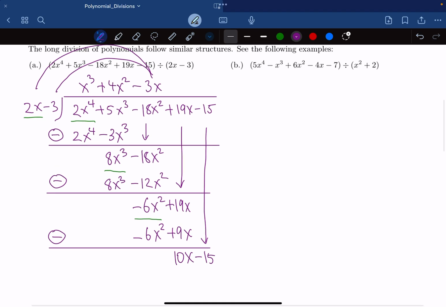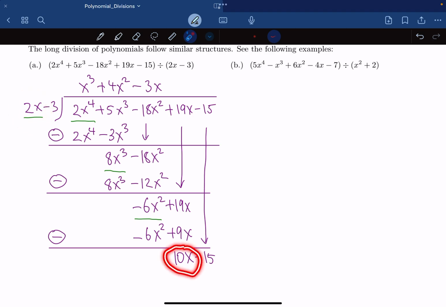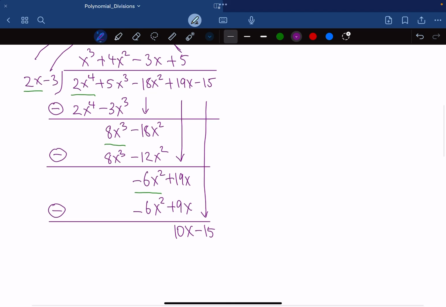My very last step, I ask myself, what do I need to multiply 2x by to get to 10x? And the answer here is 5. So I distribute to both terms. 5 times 2x is 10x. 5 times negative 3 is negative 15.